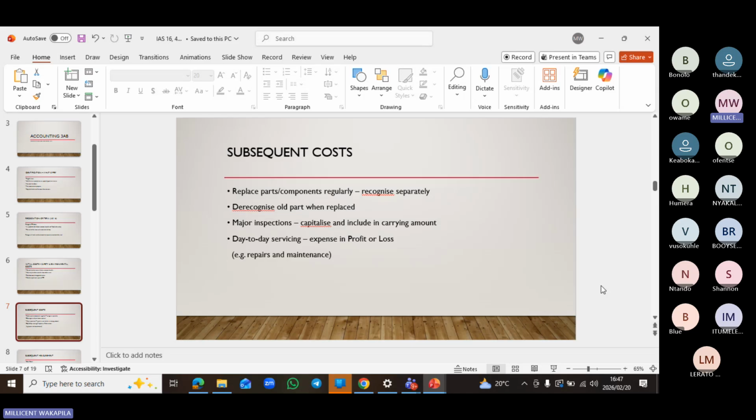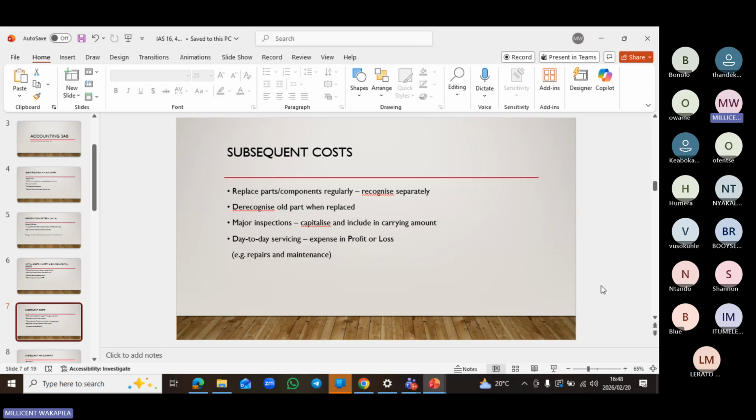Land does not lose value. Maybe the revalued amount can increase or decrease, but it does not necessarily mean that it's losing value through use, because depreciation is actually the loss of value through use. So land cannot lose value through use, right?